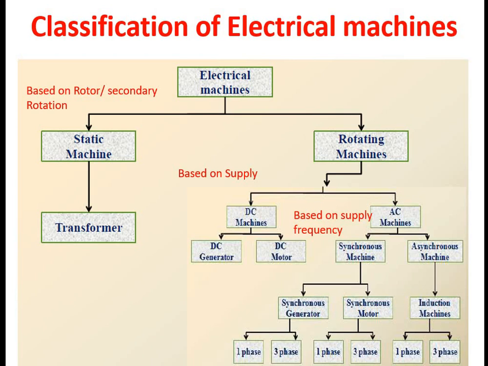All the other machines get power on the rotating part by means of conduction, by making a direct electrical connection to the rotor, we give power to the rotor part to make it rotate. But in asynchronous machines we get power by means of induction.